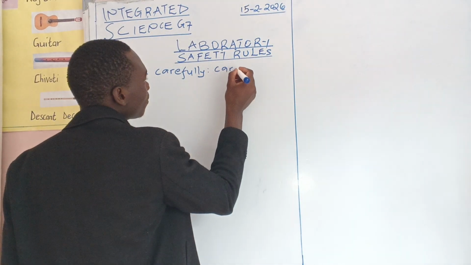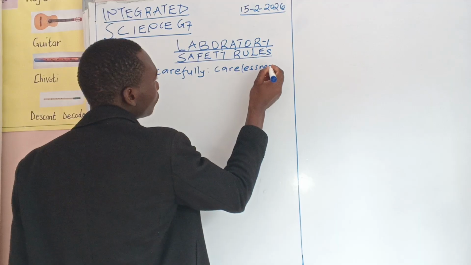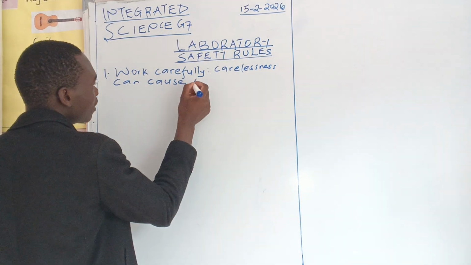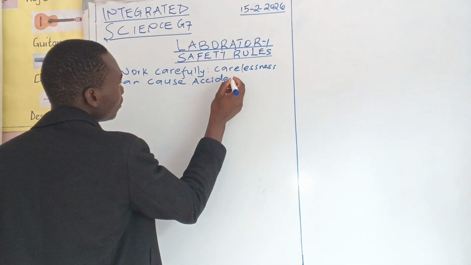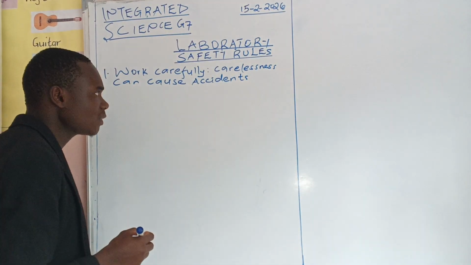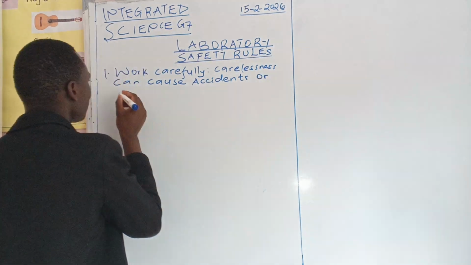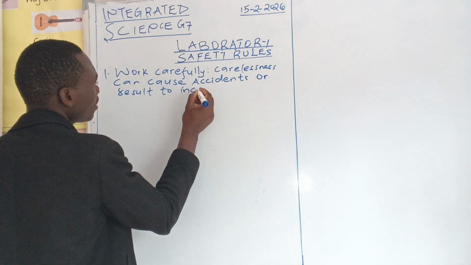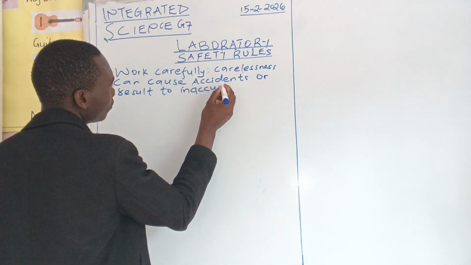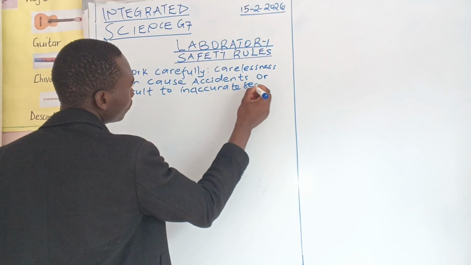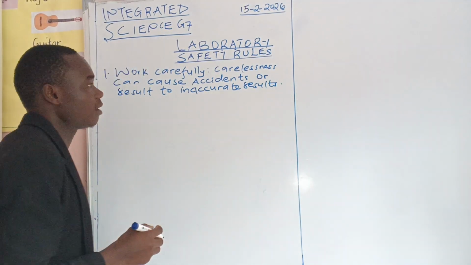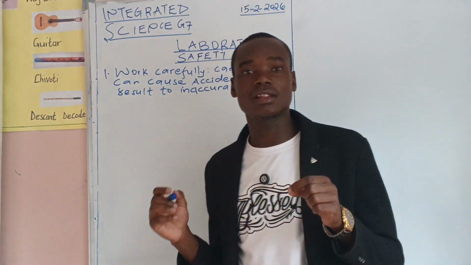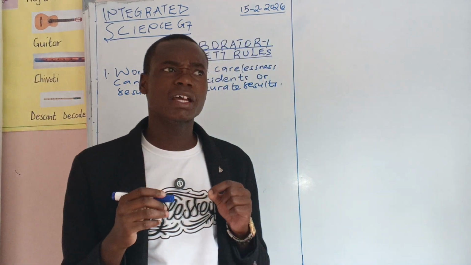Because carelessness can cause accidents, just like I've mentioned, or result in inaccurate results. Yes, that is number one rule. So you need to work carefully as you do your experiments within the laboratory. Be careful, be very careful.